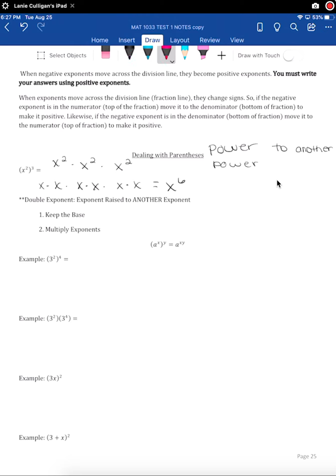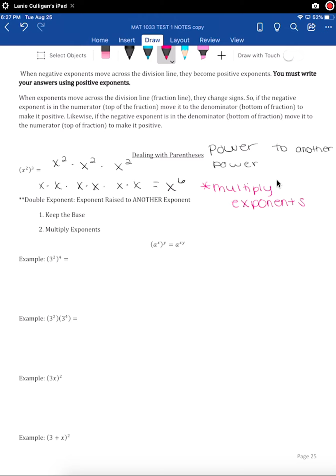So here, whenever we have a power to a power, with these parentheses here, we are going to multiply our exponents. So for a double exponent, an exponent raised to another exponent, keep the base the same and multiply the exponents. So for example, a to the x power to the y power is really just a to the power of x times y.